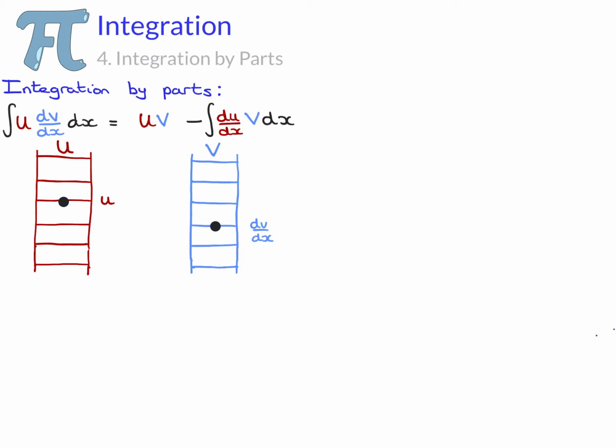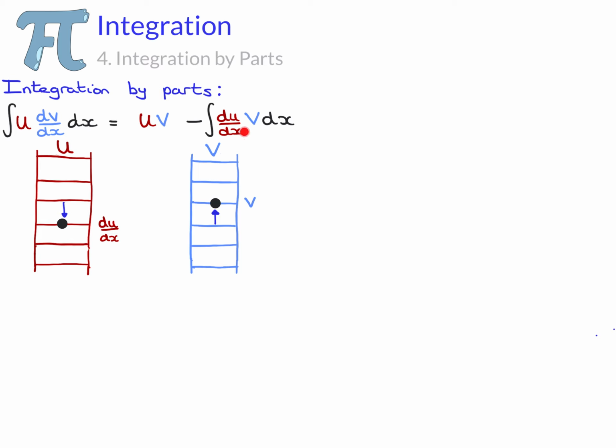The integration by parts formula says that if we identify one of these functions as being on a level lower than the other, let's say we have u and dv/dx, we can relate the integral of this product to the integral of the product of functions when we swap positions on the ladder to v and du/dx.